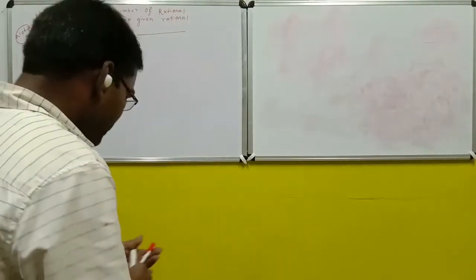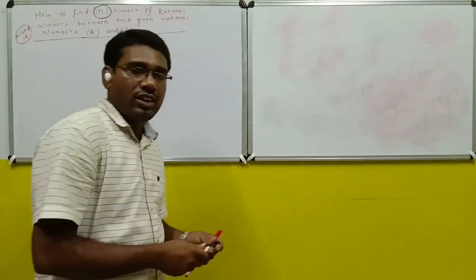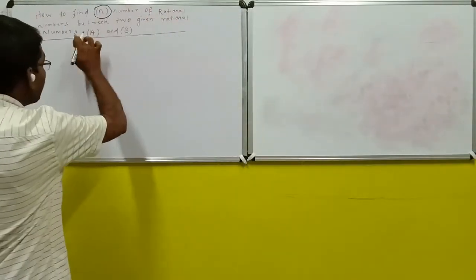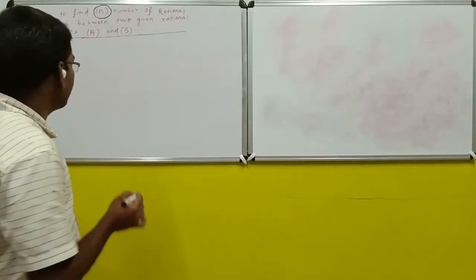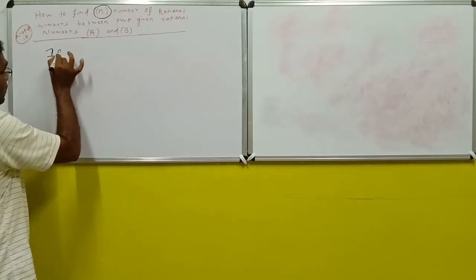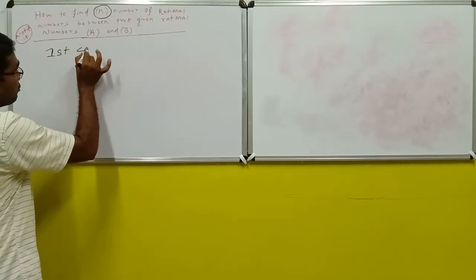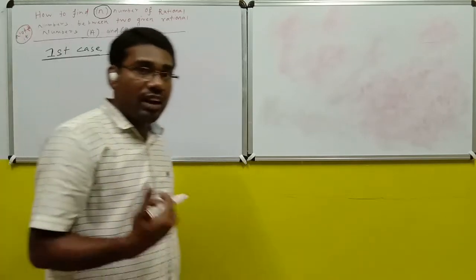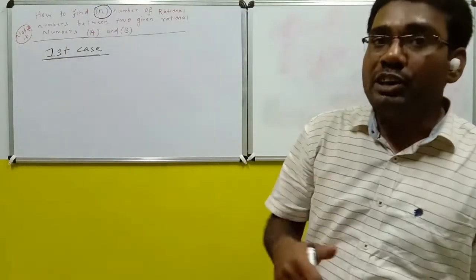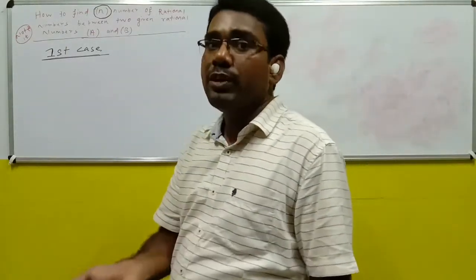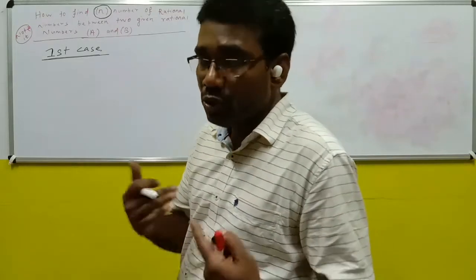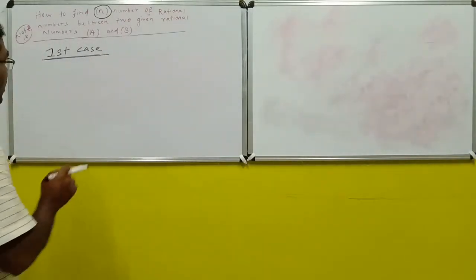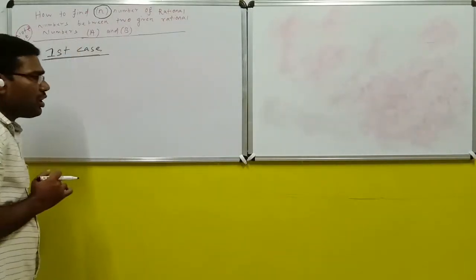So students, let's consider the first case to find n number of rational numbers between your given rational numbers. Where your given rational numbers are like and also consecutive, and you want to find out n number of rational numbers between them. So what is the way or the procedure to find n number of rational numbers between your given rational numbers? We will understand it better through an example.